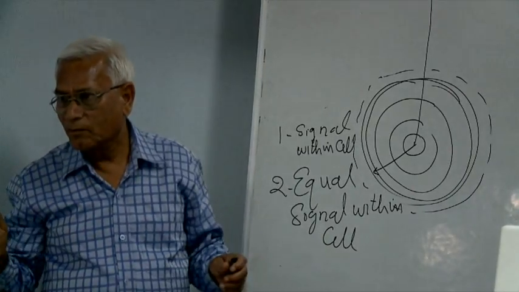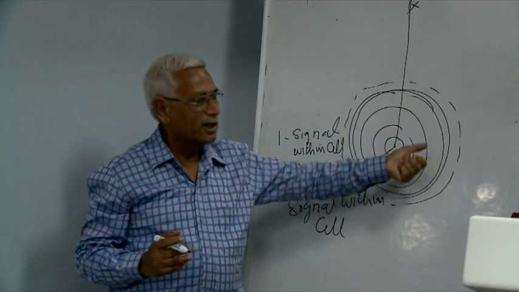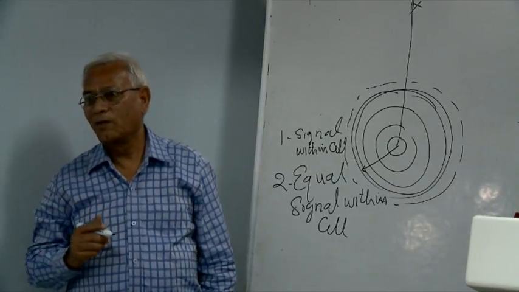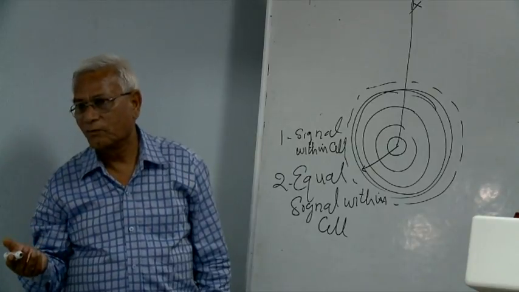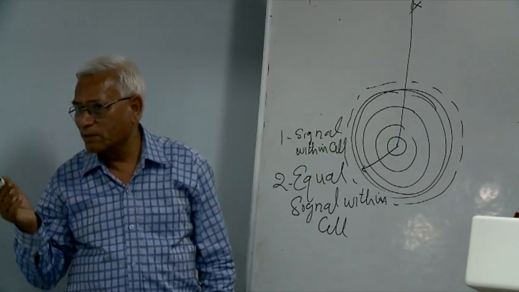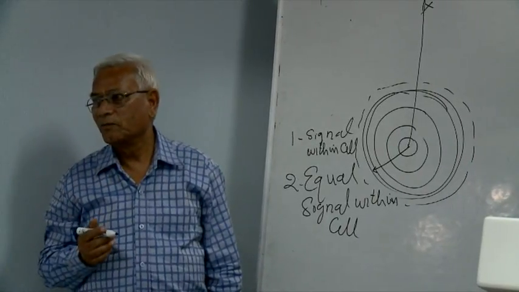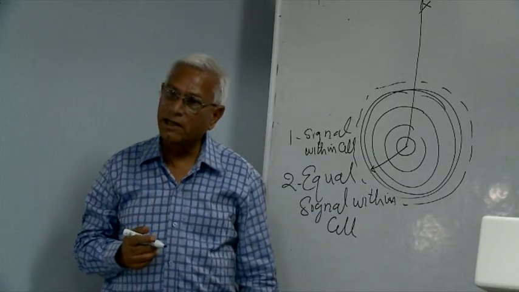There is no theory or no such circuit that can maintain equal signal level all over the cell. If anybody has seen this thing or has studied, please tell us. If you go away from the transmitter, your signal strength will decrease. Then you will say, how you maintain the equal signal level? Why you have put such condition?